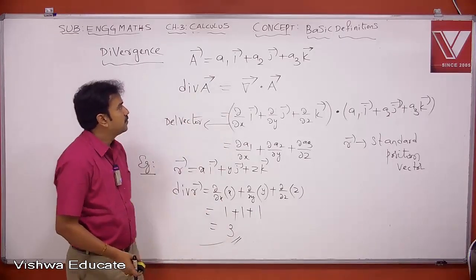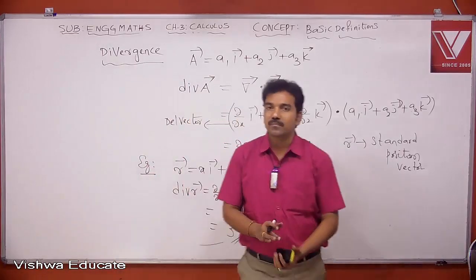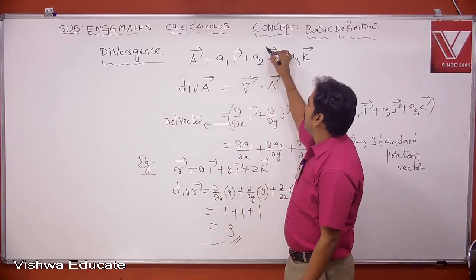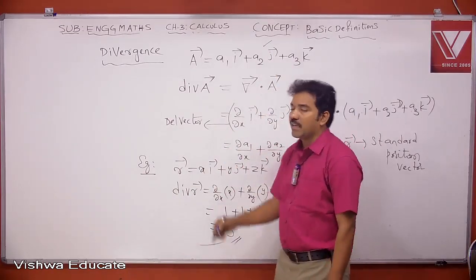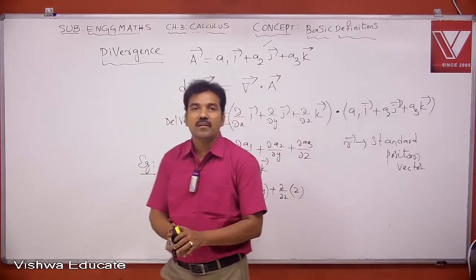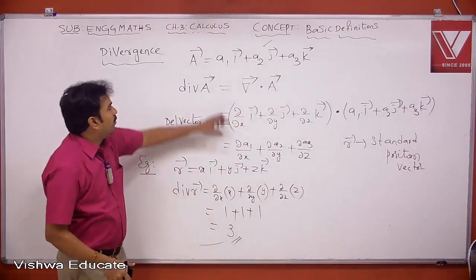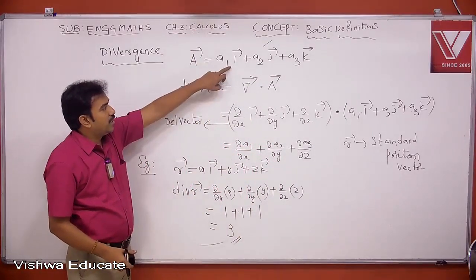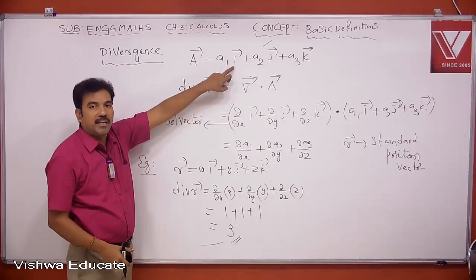First write the definition. Let A bar equal to A1 i bar plus A2 j bar plus A3 k bar be any vector.